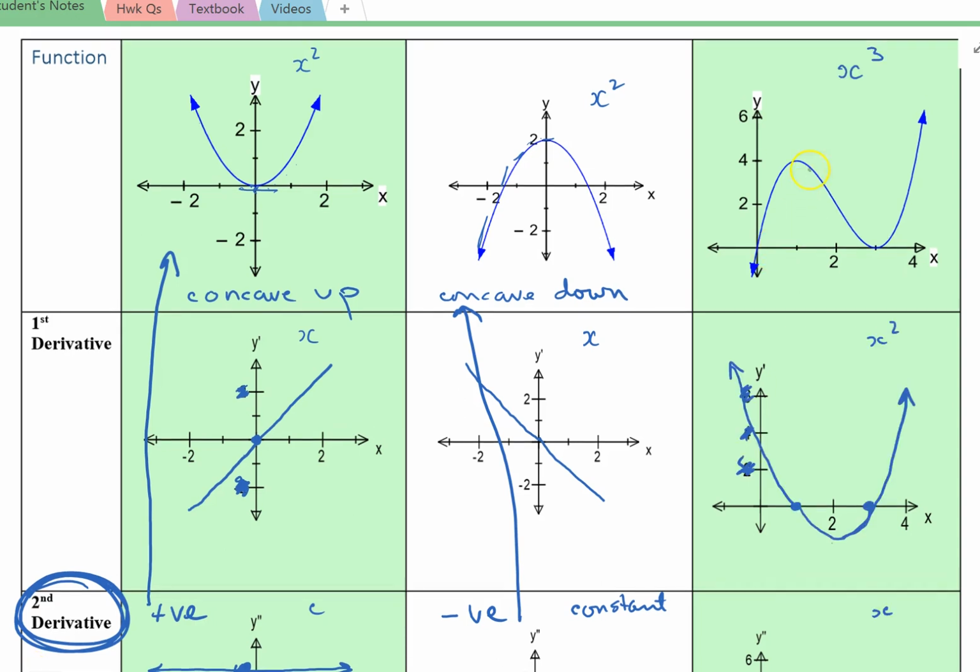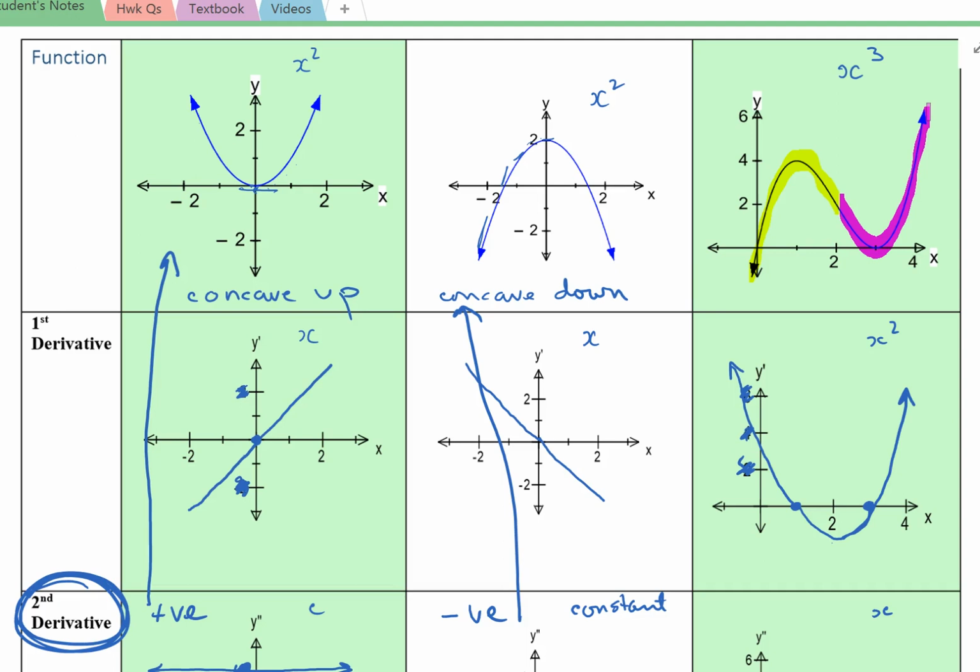Okay, with this third example, which is a cubic, you can hopefully see that there is this first section, and I'll call it the first section till there, till about x is 2, is what we would call concave down. Then after that point, we have a change in concavity and it goes concave up. Now, we're really interested in the second derivative, aren't we?